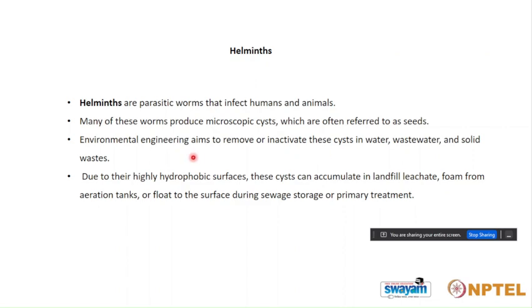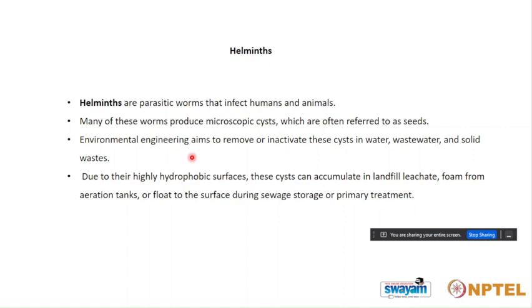So we should develop an environmental engineering system that inactivates the cysts in water, wastewater or solid waste, so that these helminths will not be transferred to human and animal systems.